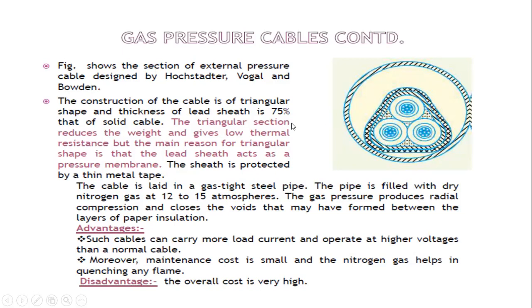The triangular section reduces the weight and gives low thermal resistance. Why? Because by using this triangular shaped gas tube, we are reducing the weight of the cable, and the thermal resistance is also reduced.